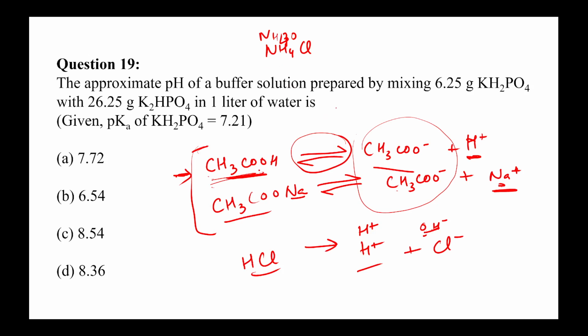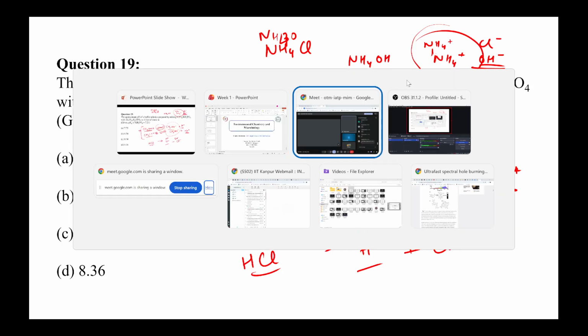It will dissociate into NH4 plus and OH minus, and NH4Cl will also dissociate into NH4 plus and Cl minus. So a small amount of H plus ions will immediately get neutralized by these OH minus ions, and a small amount of OH minus ions will immediately be neutralized by these common ions. And the pH will not change drastically.